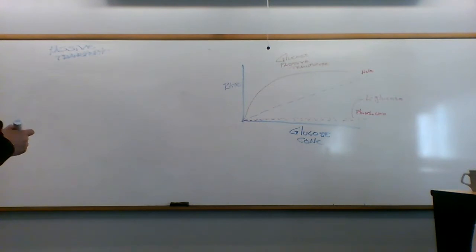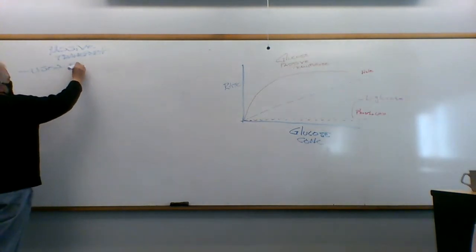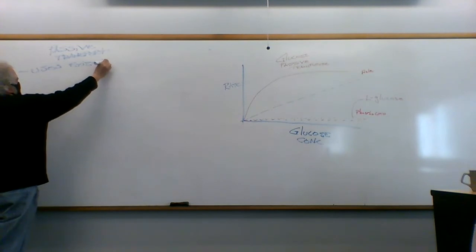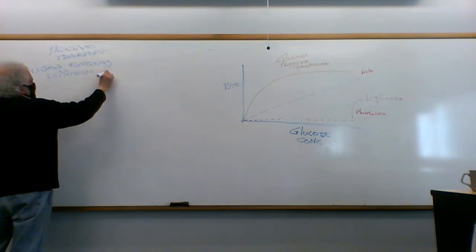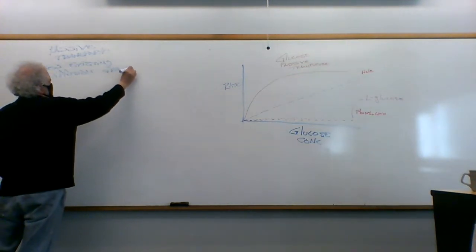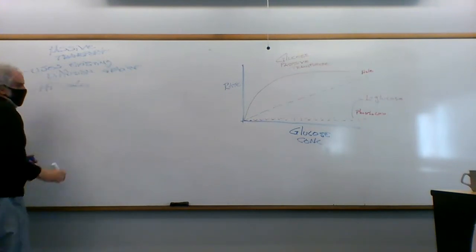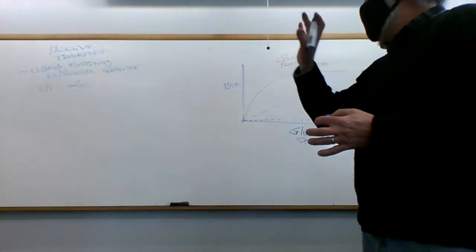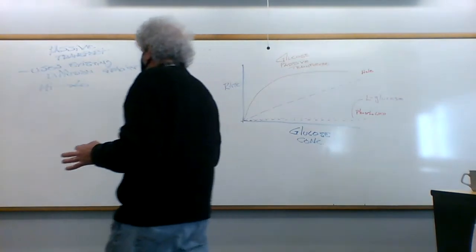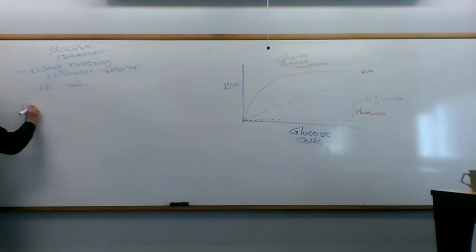But the passive transport system we can be critically defining as uses the existing diffusion gradient. Meaning we're going from high to low.